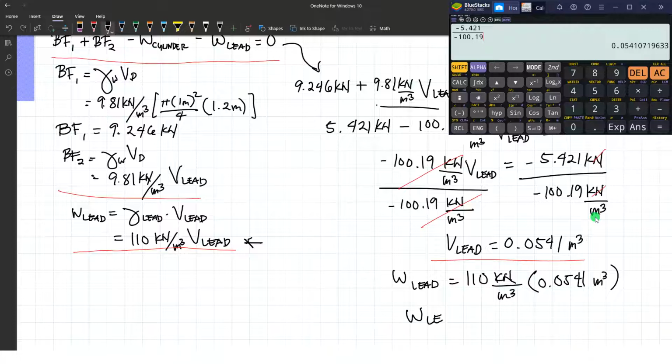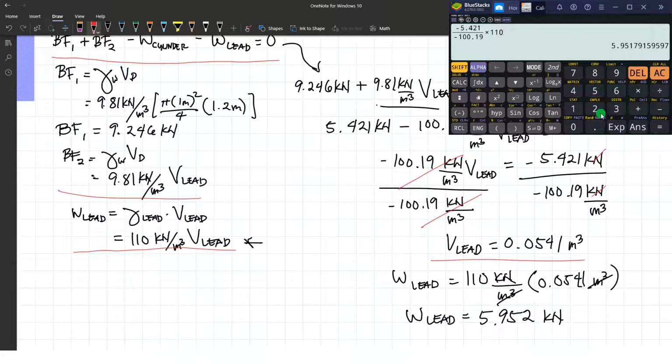The weight therefore is equals to, okay, so I will just multiply this by 110, 5.952 kilonewtons.